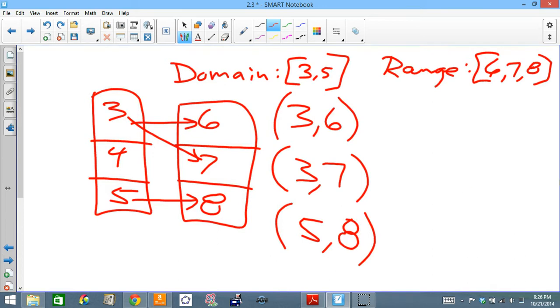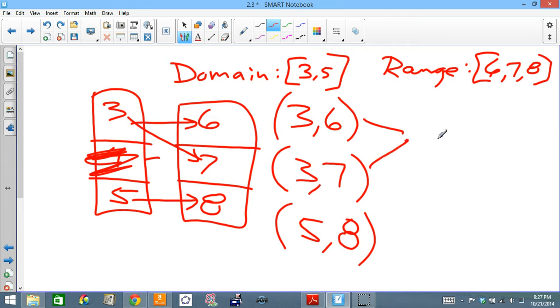Is this a function? Think about it. Your domain is 3 and 5. 4 is, even though it's shown there, not part of your domain because it doesn't have anything associated with it. So your range is 6, 7, and 8.